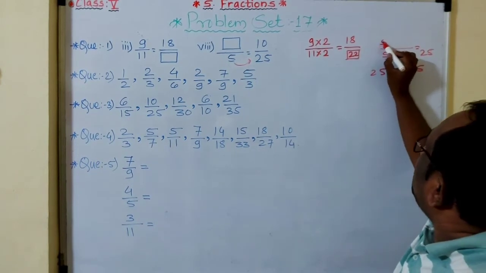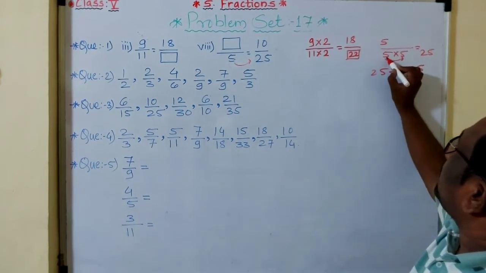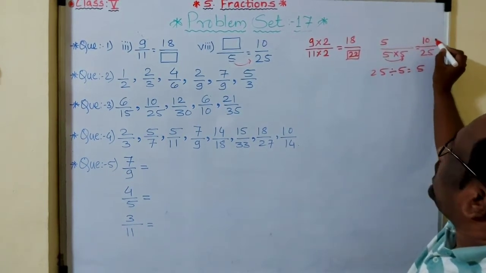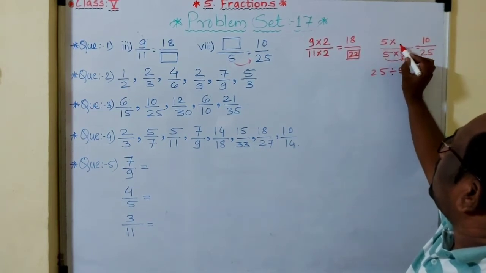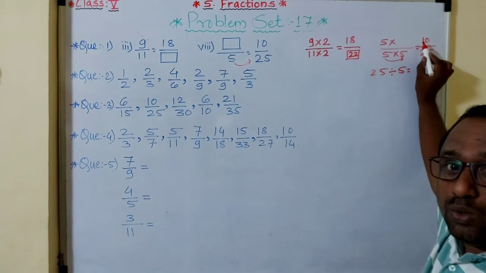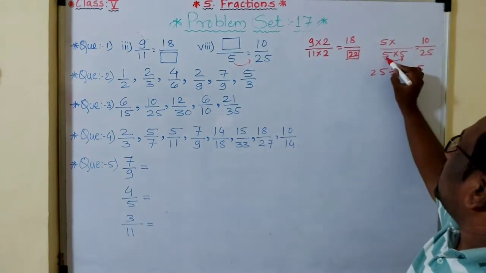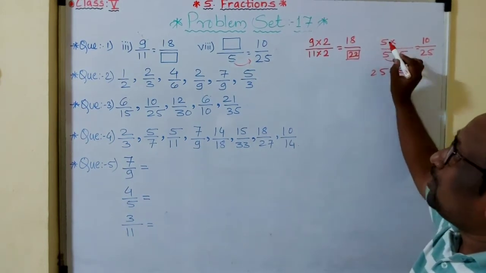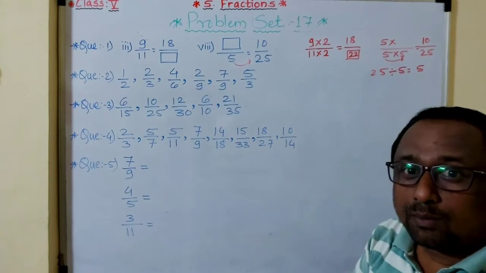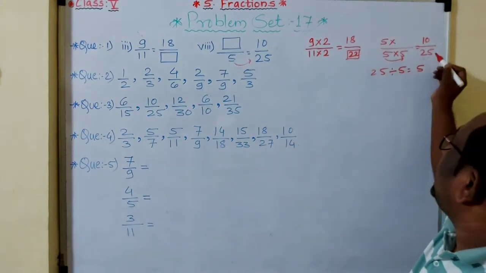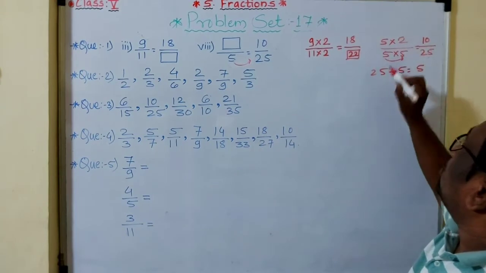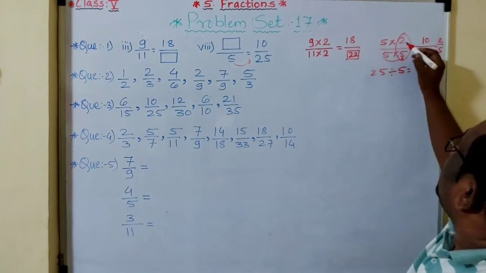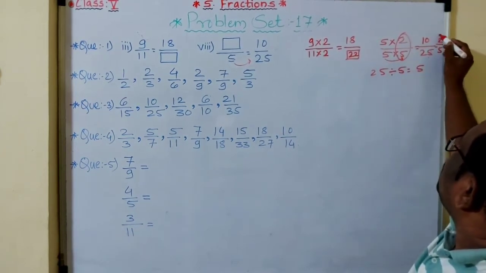So this is the denominator. I multiply the denominator by 5, then we get 25. So I want 10 here. So by which number do I multiply 5 to get 10? Here 5 multiplied by 5, I get 25. So the numerator also we have to multiply by 5, but by which number do we multiply 5 to get the numerator 10? That is 2. So this is our answer, 2 upon 5. 5 2s are 10 and 5 5s are 25. So 2 upon 5 is the answer.